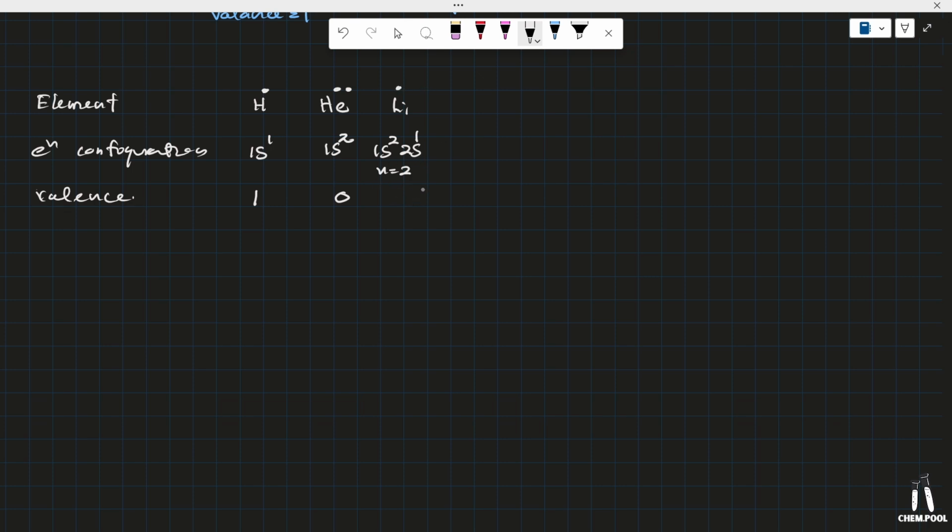Therefore, it can use 1 electron to get the octet, right? By losing 1 electron, it can reach the noble gas electron configuration. If lithium loses this 2s1 electron, it goes to the noble gas electron configuration. Therefore, valence is 1.